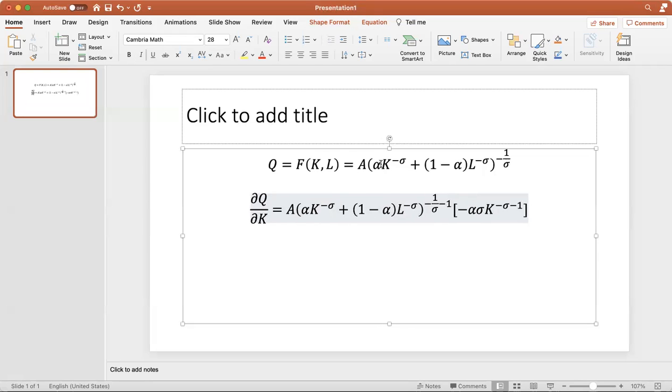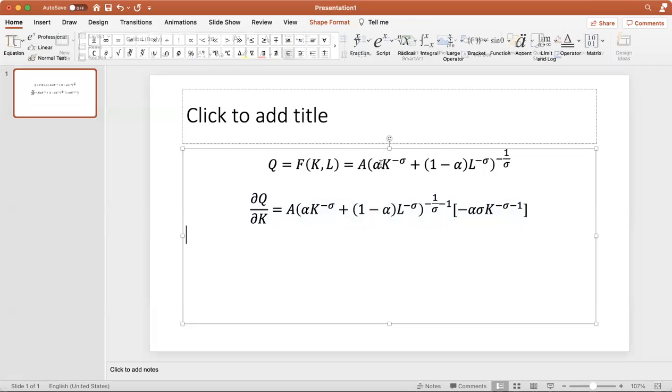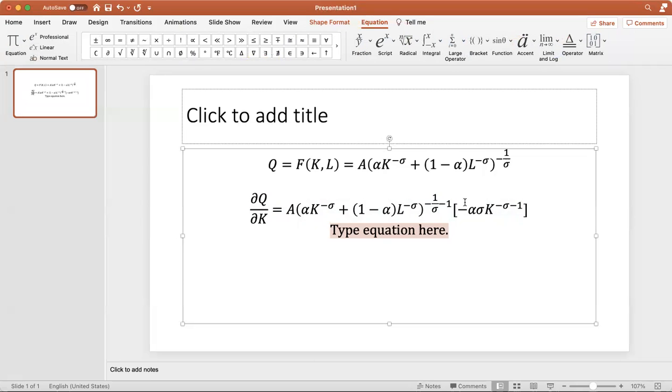And if you're not comfortable with that, you can just put this negative alpha sigma out. So you'll have equals negative A alpha sigma, and then you just copy this entire expression.